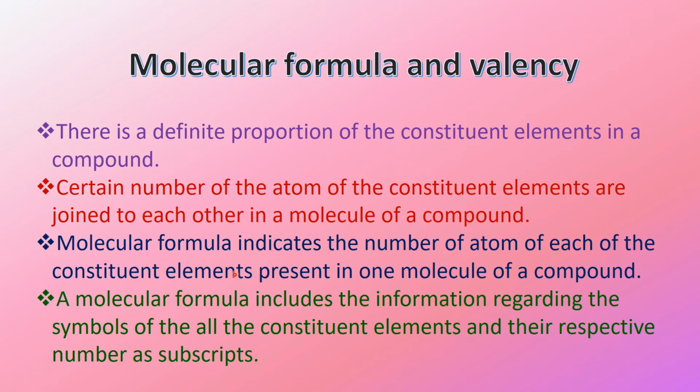The molecular formula indicates the number of atoms of each of the constituent elements present in one molecule of a compound. A molecular formula includes the symbols of all the constituent elements and their respective numbers as subscripts.